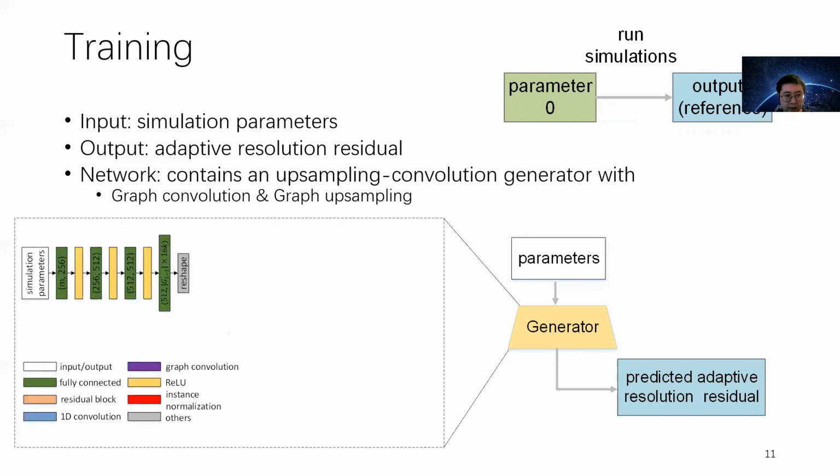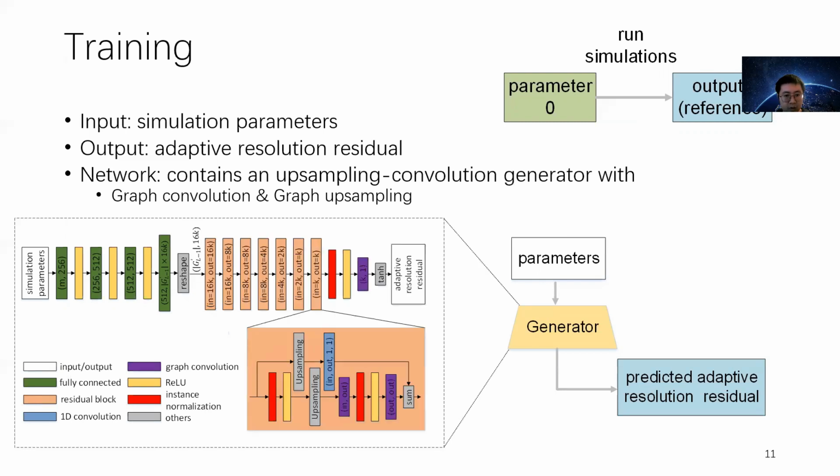And here, as the figure shows, a forward pass in our GNN-Surrogate contains 3 steps. First, the input parameters are fed into fully connected layers to generate a latent vector. Second, the latent vector is reshaped to a feature map on the closest graph. Third, the subsequent residual blocks perform super resolution.